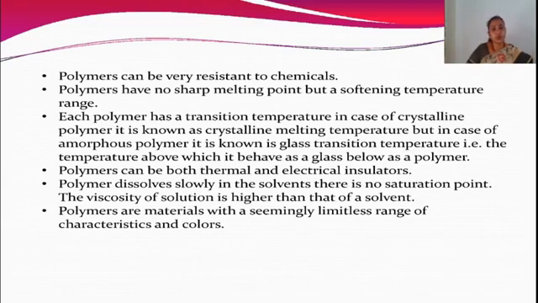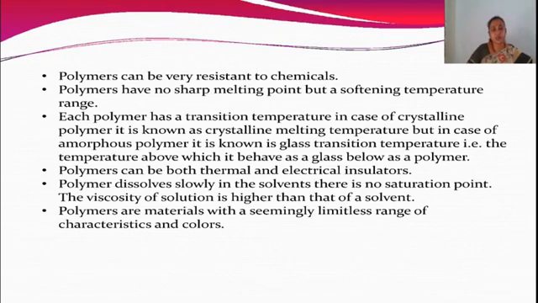Next one, each polymer has a transition temperature. In case of crystalline polymer, when the polymer is in crystalline phase, it is known as crystalline melting temperature. But in the case of the amorphous polymer, it is known as glass transition temperature, abbreviated as Tg. The temperature above which it behaves as a rubber, below as a glass.